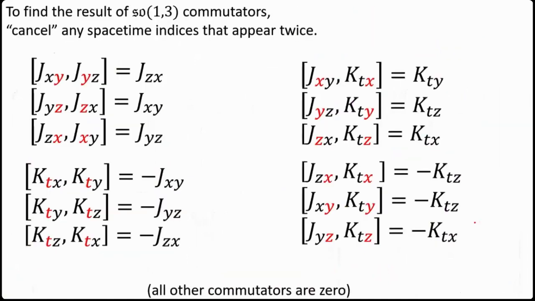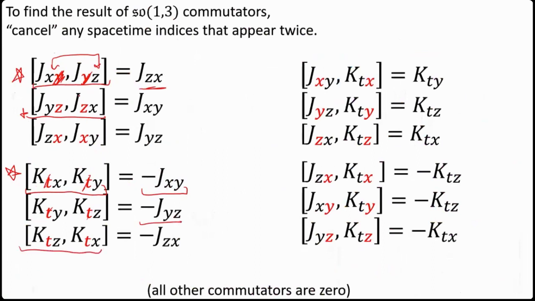And they have a whole bunch of commutation relations. I tried writing it out this way, but it's a bit confusing. You can do what you did before and cancel out the Y's and swap the order. You'll notice that the commutation of 2 physical rotations is another physical rotation. When we commute 2 boosts, the T's cancel and we get a physical rotation.